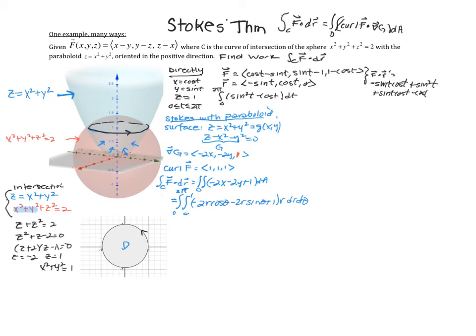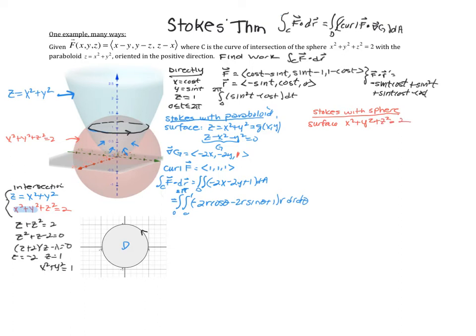We could also use Stokes with the sphere. So in that case, the surface would be x squared plus y squared plus z squared equals 2. Now we have to be careful about this.